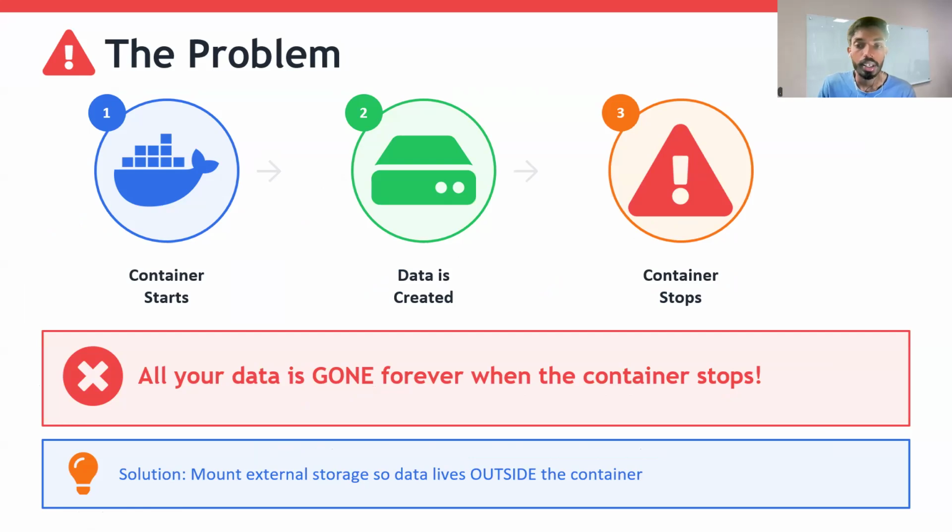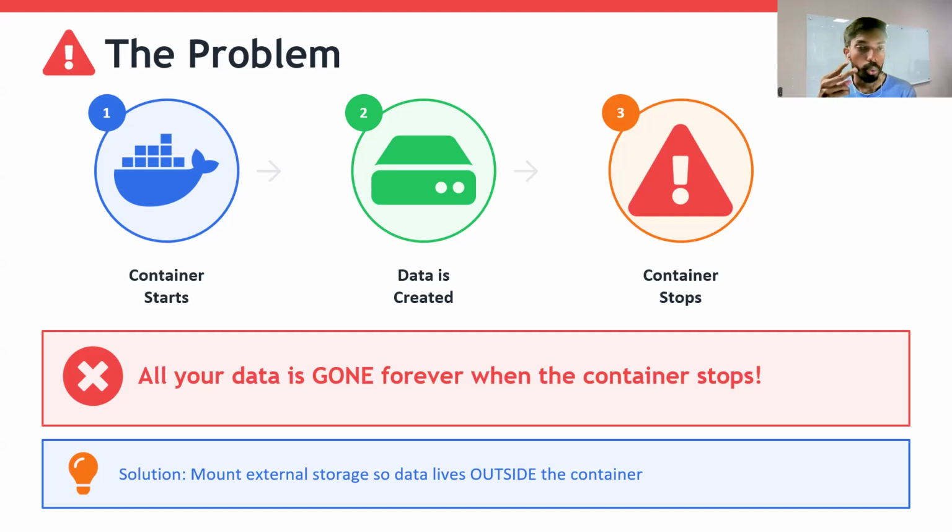But what happens next? The container stops or the container is removed. That means the data will also be destroyed. That means there is no persistence, no safe environment for the data, right? That is the problem. So when it comes to containers, we can have a separate isolated area to store that data persistently and reliably, right?